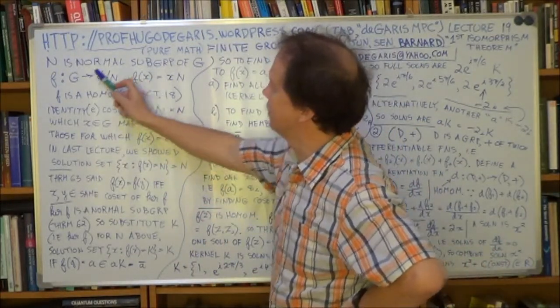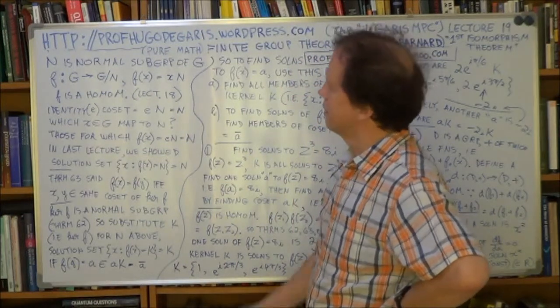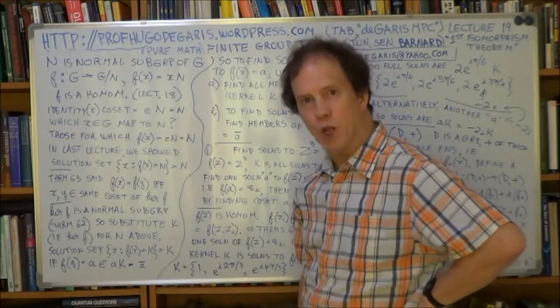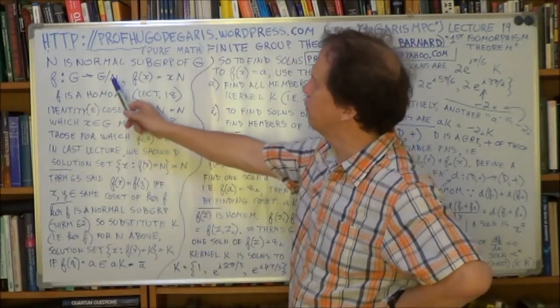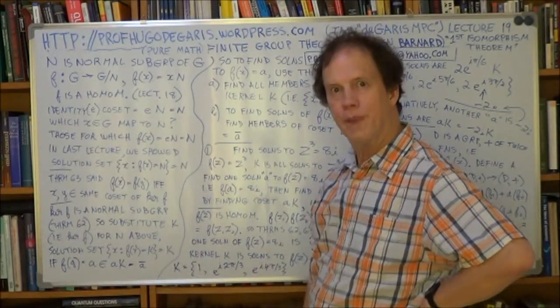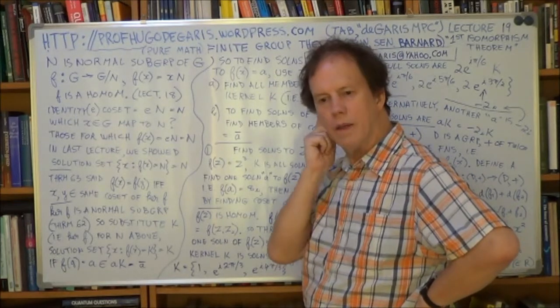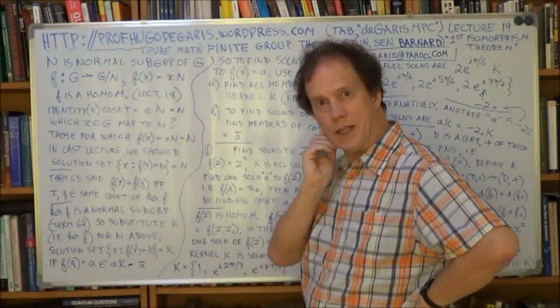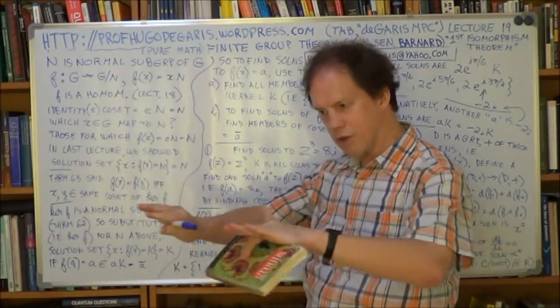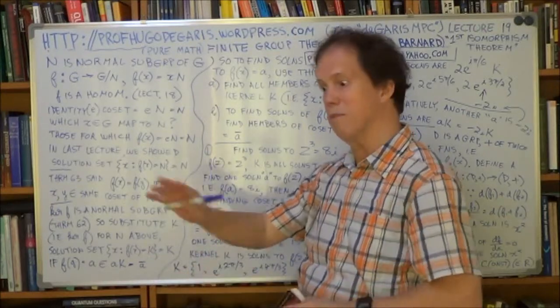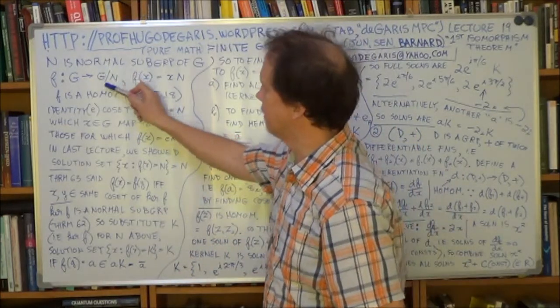Remember, this is just a label in a sense. This is shorthand for a set of cosets that you form from your normal subgroup, and using what I called subset multiplication to multiply 2 cosets together to get another coset which is a member of your set of cosets, this quotient group.